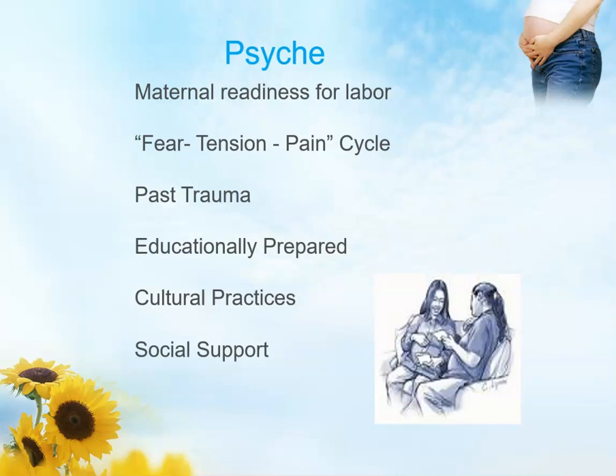Did she have any past traumatic issues with previous deliveries? If they've had a horrible delivery and they ripped and it was just not a good thing, it's almost like PTSD, but with delivering a baby. They're freaked out. They're afraid of what is to come, so that could cause some issues.